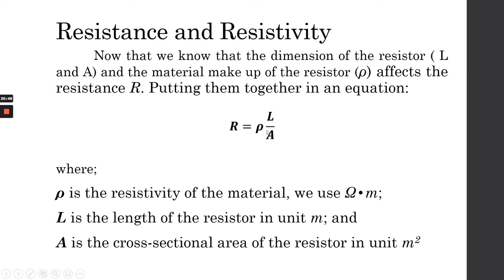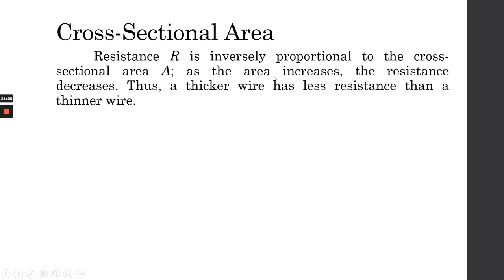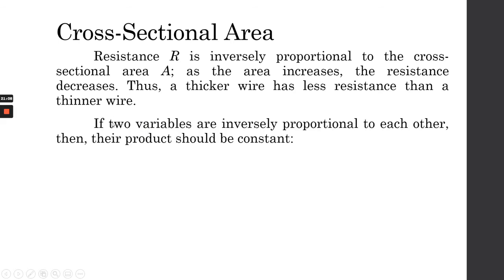Kapag mas maliit yung area ninyo, ibig sabihin mas narrow siya, mas tumataas yung ating resistance. So they're inversely proportional. As the area increases, the resistance decreases, and vice versa. Thus, a thicker wire has less resistance than a thinner wire.